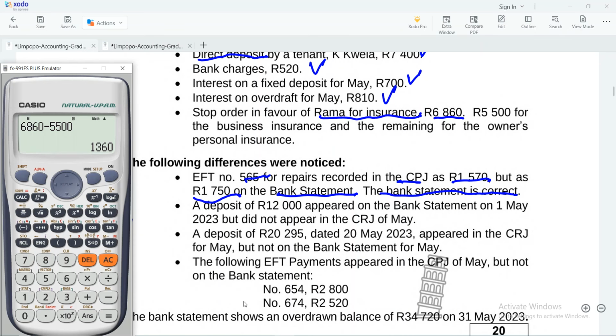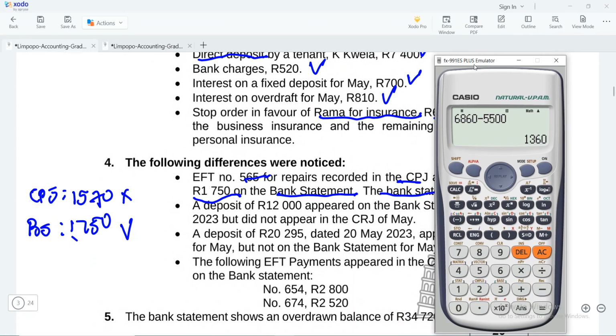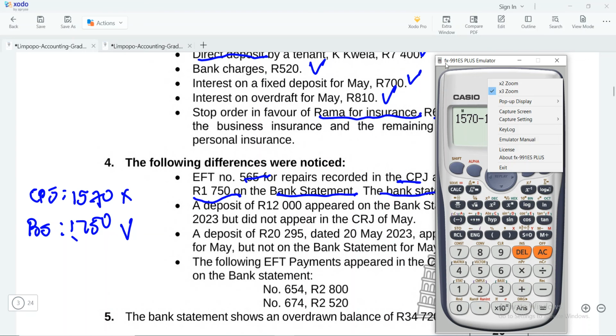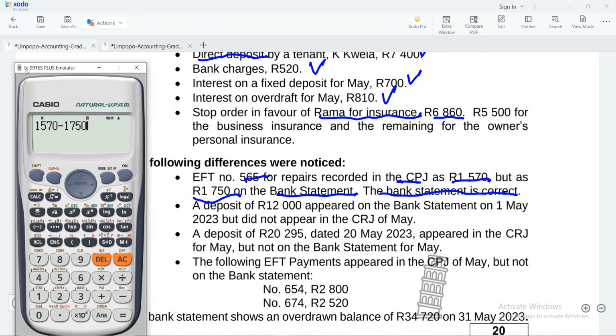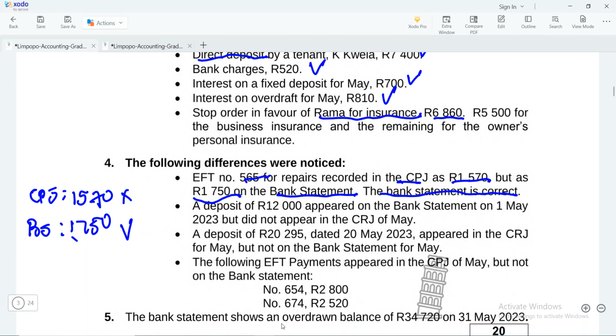So if you check the difference between this, if you say 1570 minus 1750, it will give you 180. So this 180 will go to the CPJ.